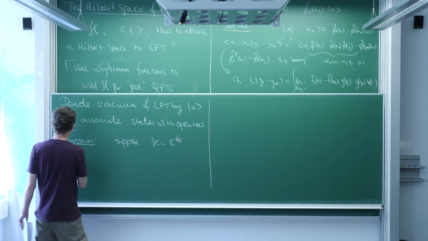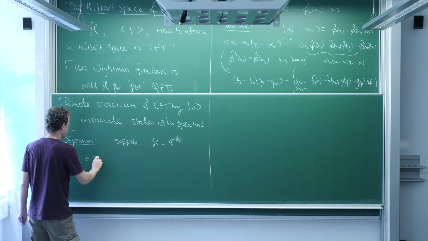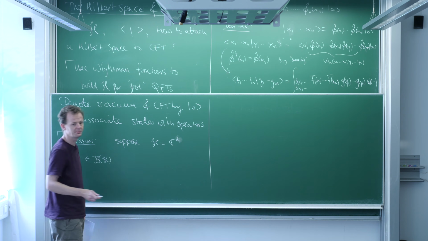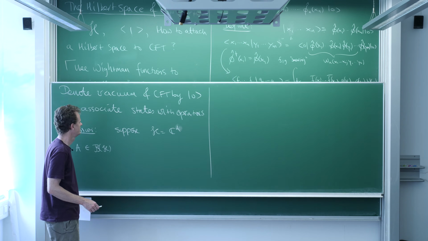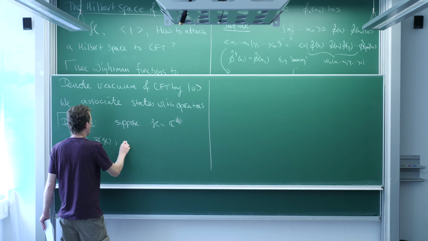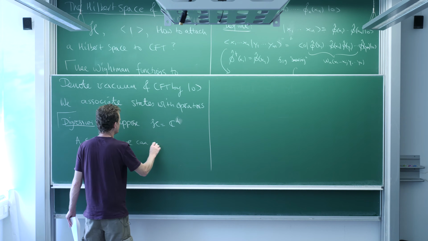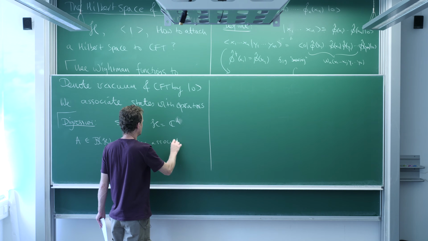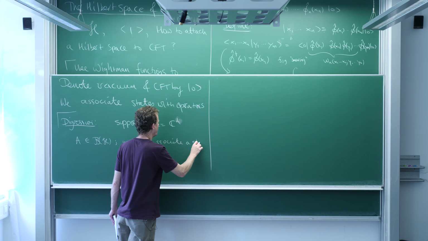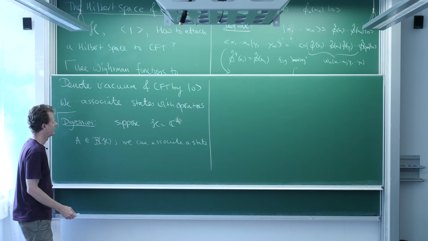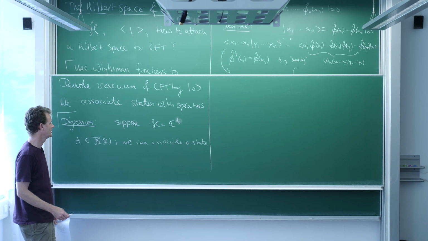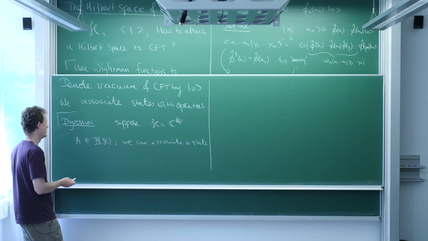And we have some operator acting on this Hilbert space, so that's a D by D matrix. Then there's a well-known device for building a quantum state associated with this operator.